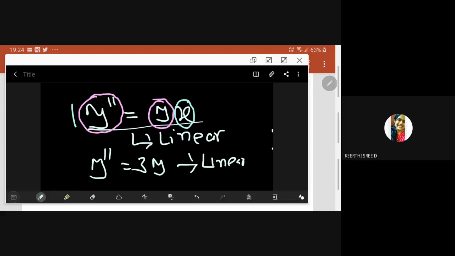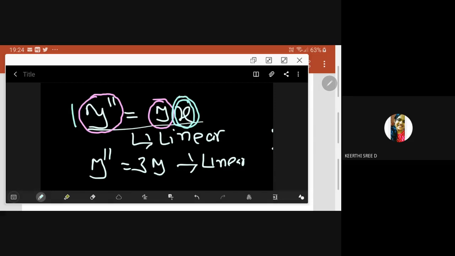So for y the coefficient is x, and for y double dash the coefficient is 1. So this equation is known as a linear equation with variable coefficients, because x is there, and this is a variable.